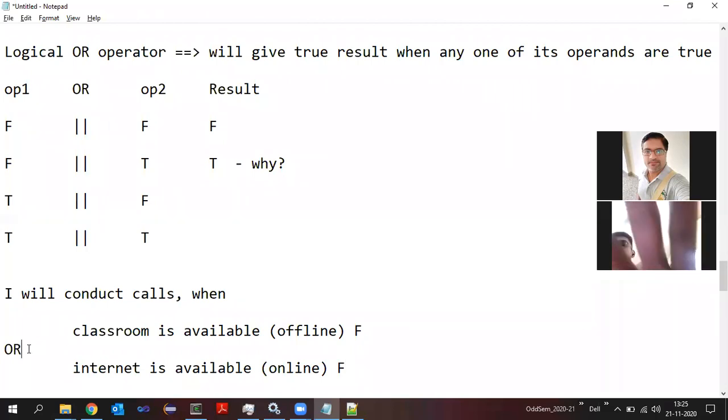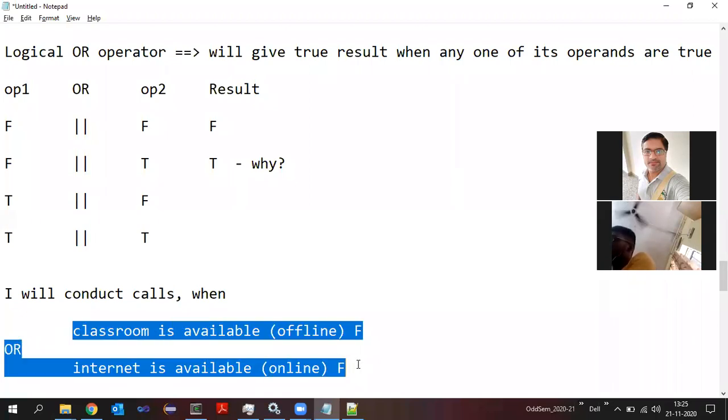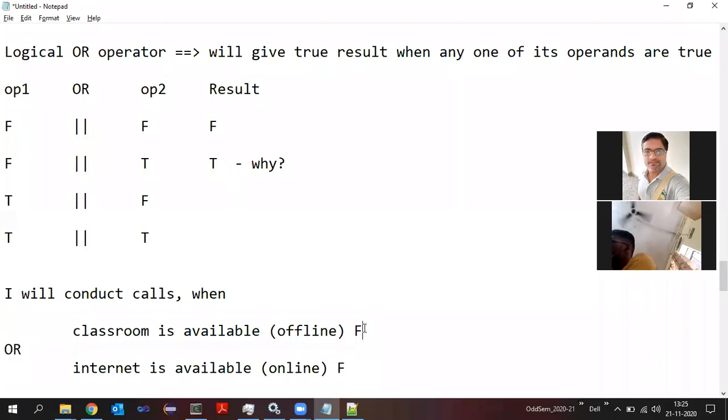This means logical OR will result in a false value when both the operands are false. Rest of the cases, if anyone is true, first or second or both, then the result is true.